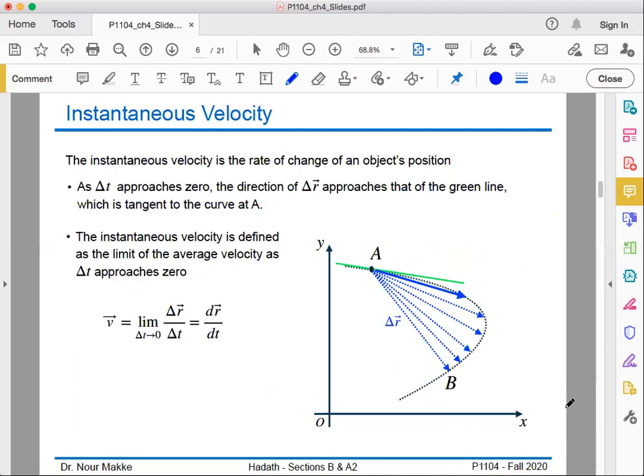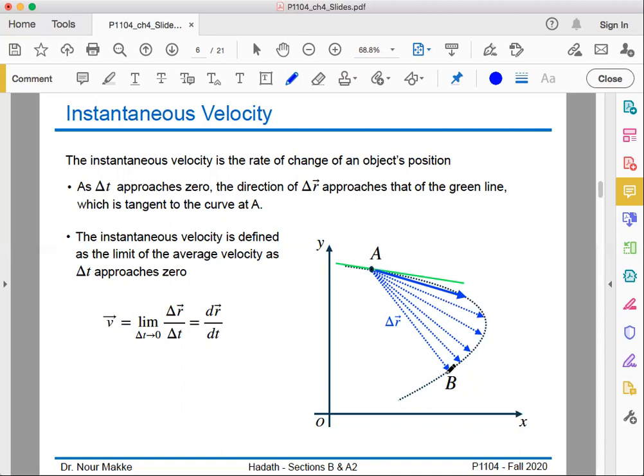We have seen that if you take 2 points at different instants, T initial and T final, that defines the time interval, the average velocity is defined as delta R over delta T, and delta R is the line that connects the initial point to the final point. Now, whenever we talk about the instantaneous velocity, we actually want delta T, the time interval, to approach 0.